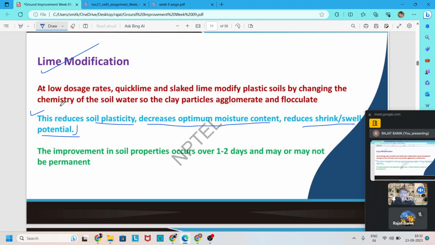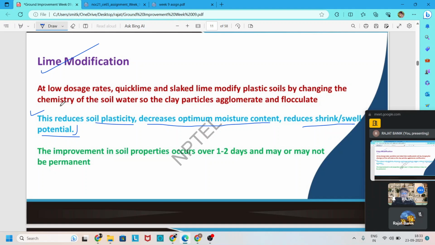The improvement in the soil properties occurs over 1 to 2 days and may or may not be permanent. It means it requires some amount of time to react with the soil particles and create the chemical reaction, and this reaction sometimes may be permanent or sometimes may not be.